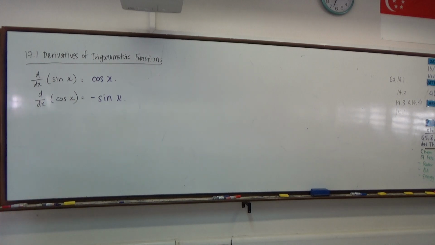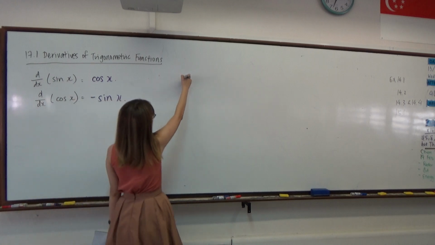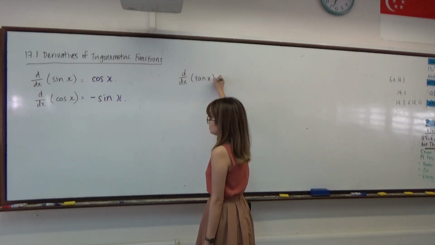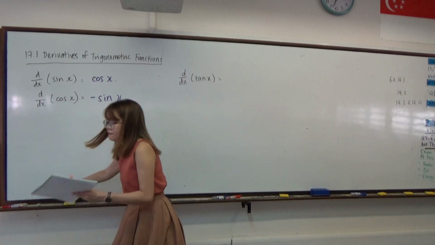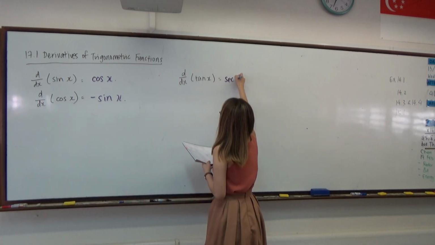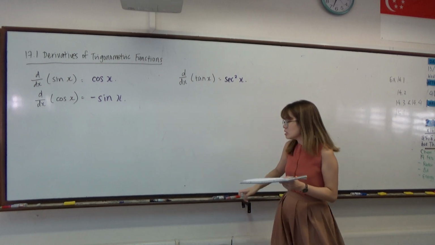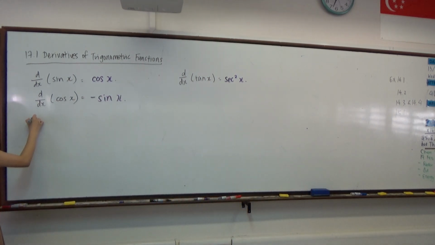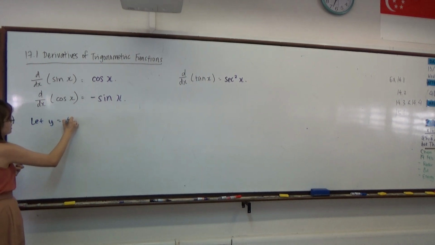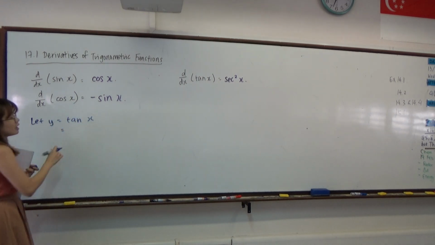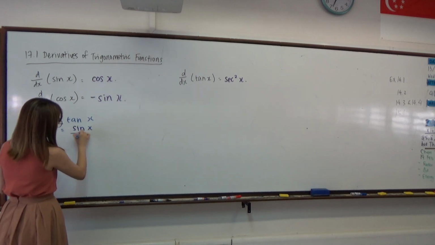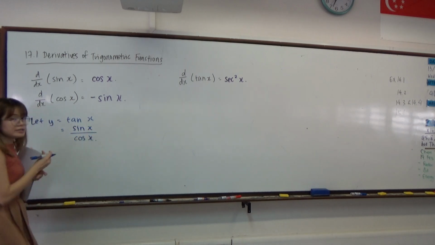I can do a small proof to show you why, if I differentiate tangent x, it will actually give you secant square x. The reason is that if I let y equals tangent x, and I know that tangent x is actually sine over cosine, so this is a fraction.